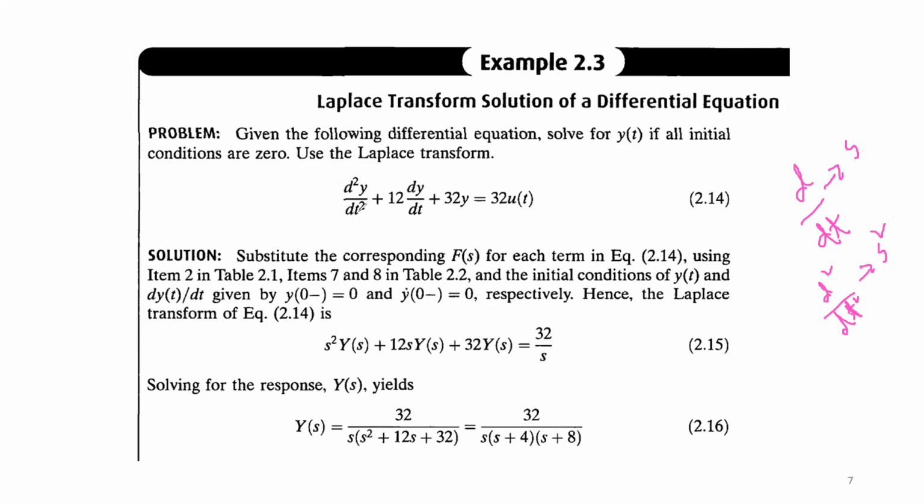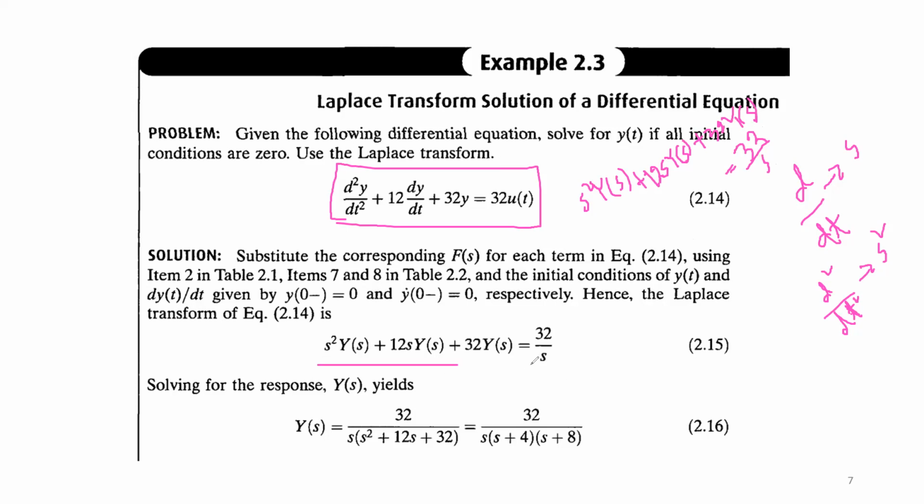So instead of this equation, we can write s squared Y(s) plus 12 s Y(s) plus 32 Y(s) is equal to 32 u(t), that means 32 by s, since instead of u(t) you can write 1 by s.